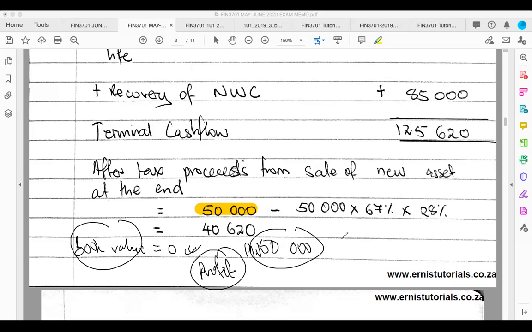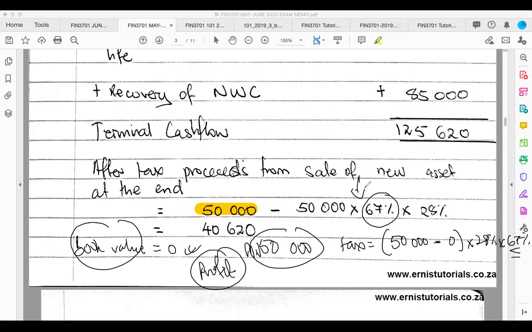So we can calculate our tax. Our tax expense will simply be the market value minus the book value times 28% times the 67% capital gains allowance. We were told we only pay tax on 67% of the benefit.